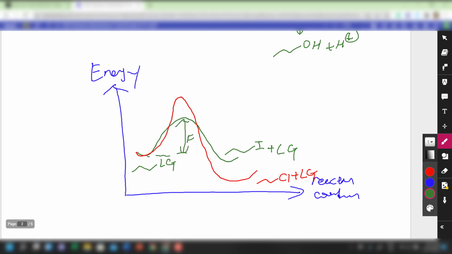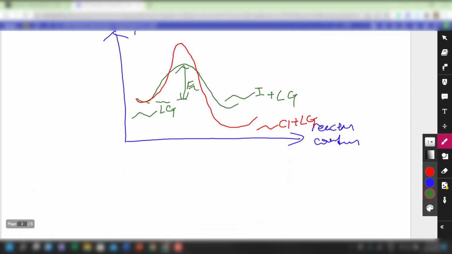So this is the EA. But of course the C-I bond is weaker. So if you consider the reverse reaction, obviously it will have a lower activation barrier as compared to that between the chloroalkane and the leaving group. Okay, so with that, we have come to the end of the debrief to question 2.